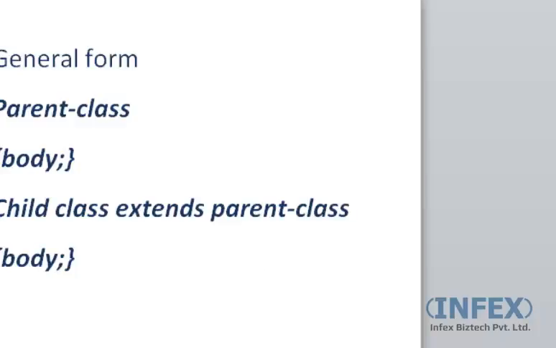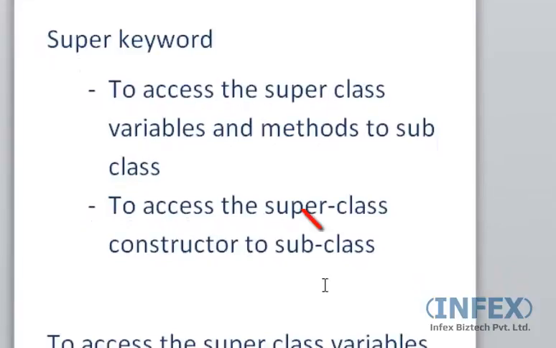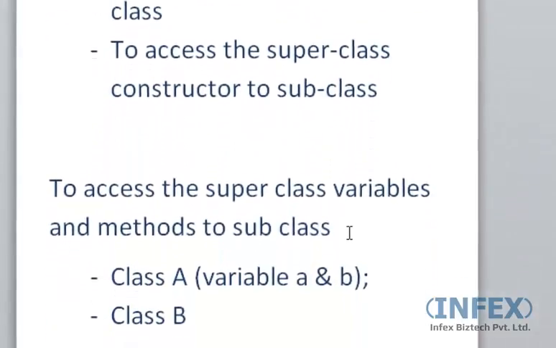Let's go through the keyword super. Keyword super is used to access the superclass variables and methods from the subclass, and it is also used to access the superclass constructor from the subclass.